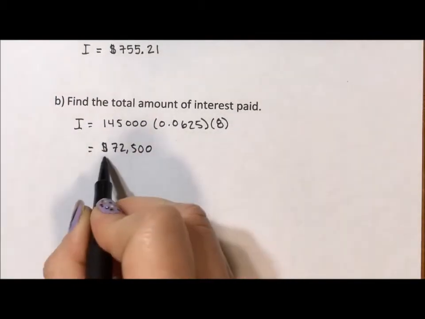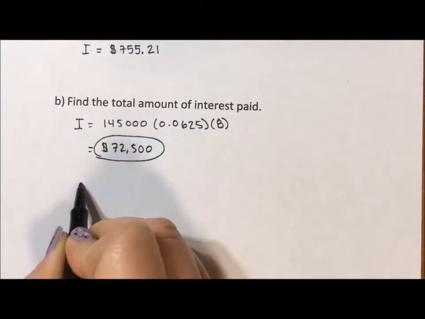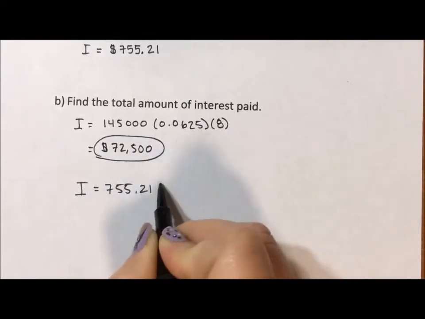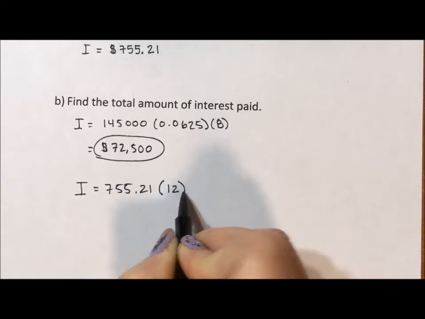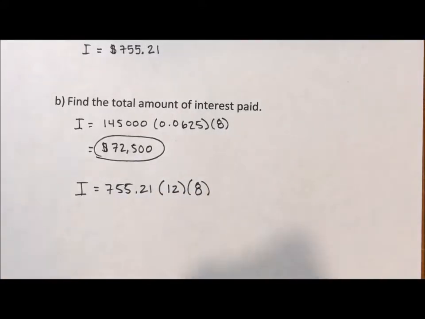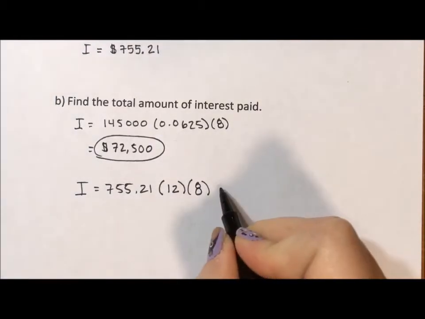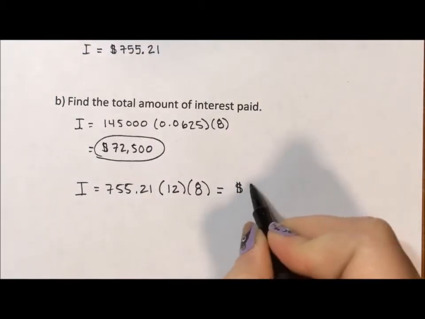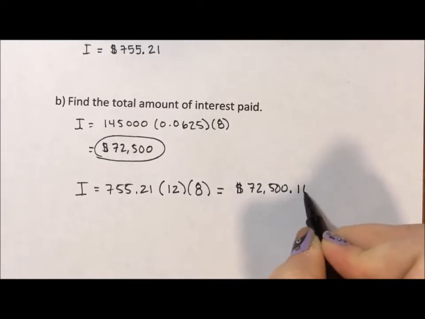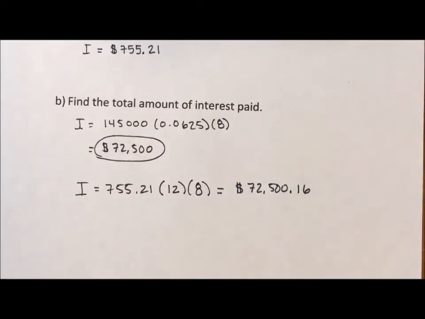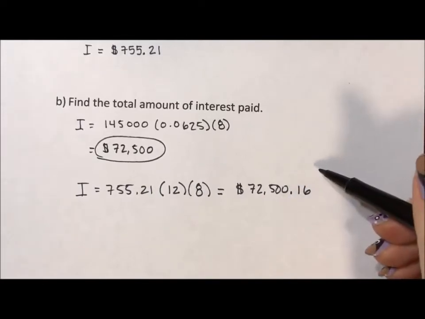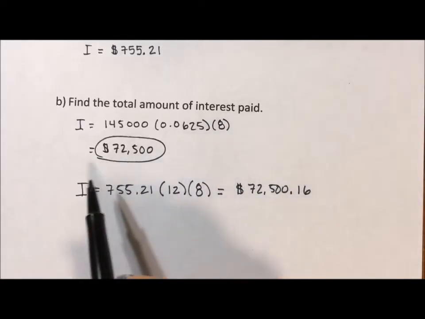And so instead of this total, I say $755.21 every month, 12 months a year, 8 years, and I calculate this way, I get a total of $72,500.16, which is what happens with rounding: you end up paying more.